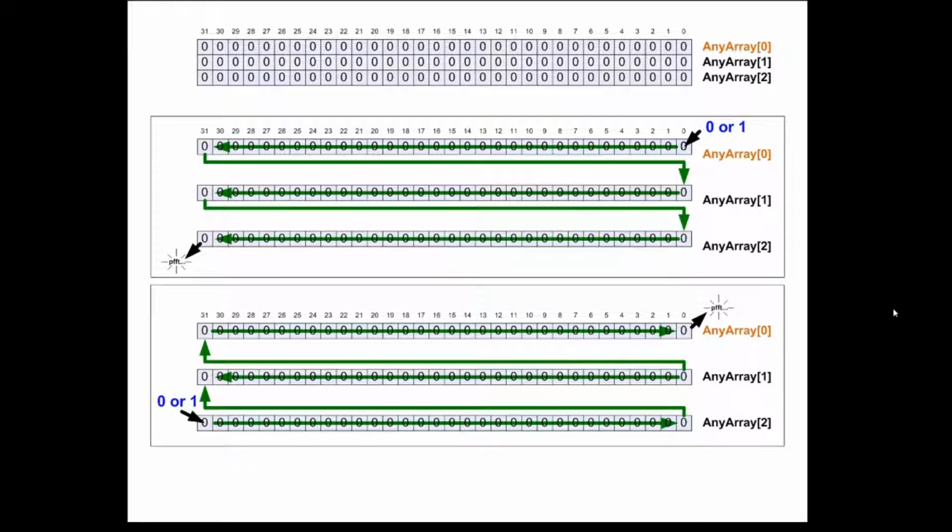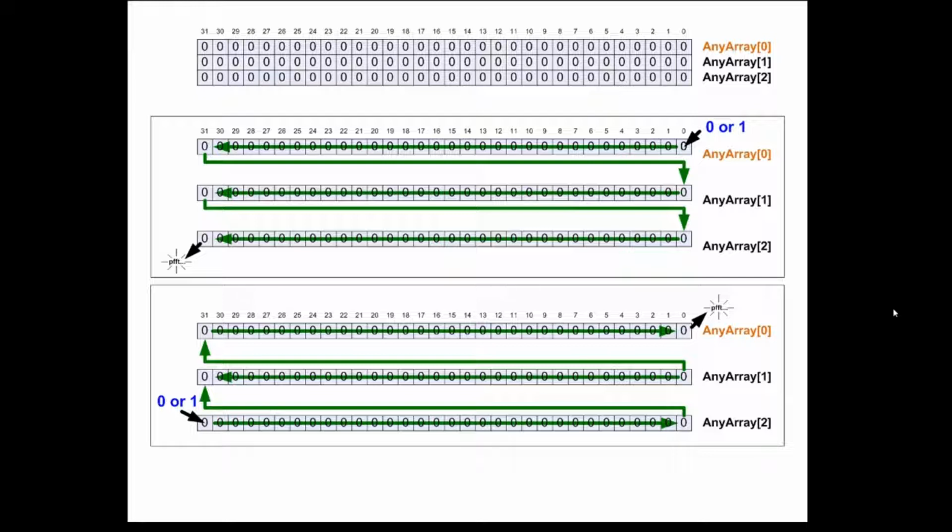The first movement is going to take bit 0 of any array 0 and out into space it goes. Then bit 1 of any array 0 will move into bit 0 of any array 0. Then 2 to 1, 3 to 2, 4 to 3, 5 to 4, and so on, all the way until 31 of any array 0 moves into 30, and then bit 0 of any array 1 moves into bit 31.